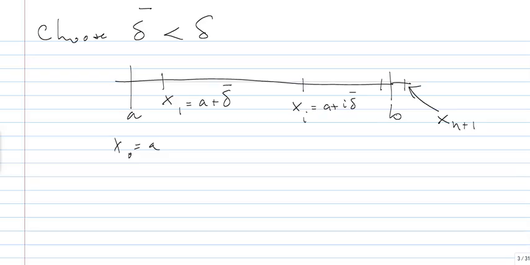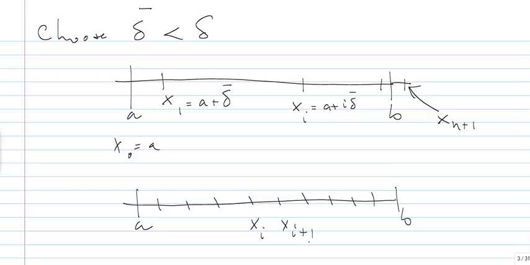So this way, we are able to find a subdivision such that from xi to xi+1, the difference is equal to delta bar, which is less than delta.